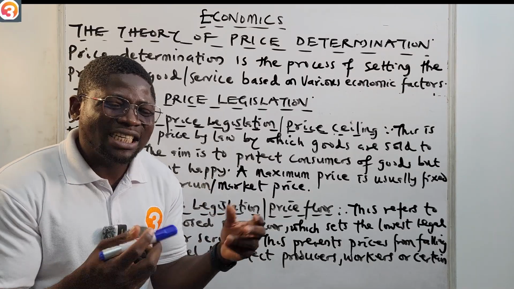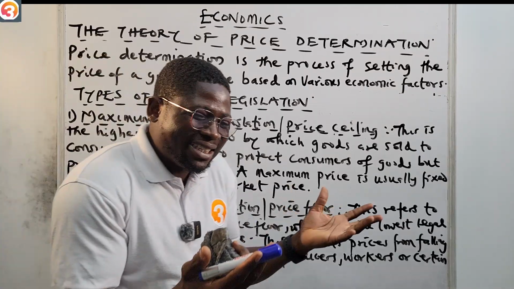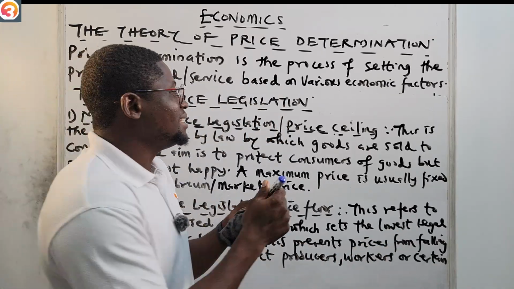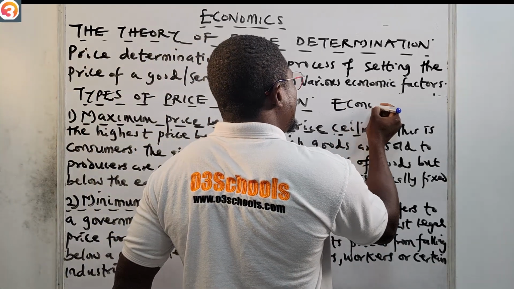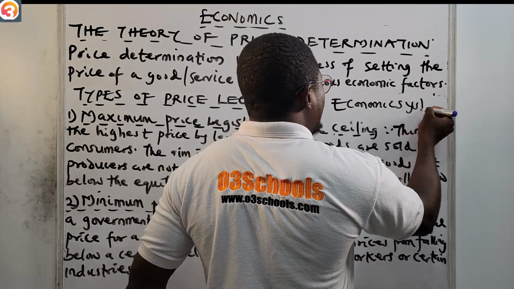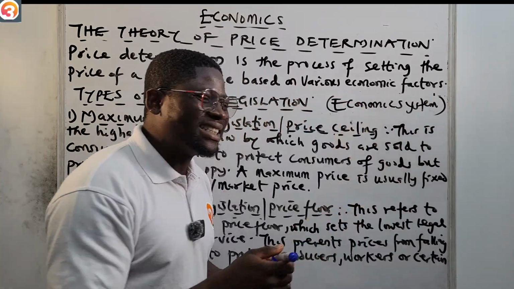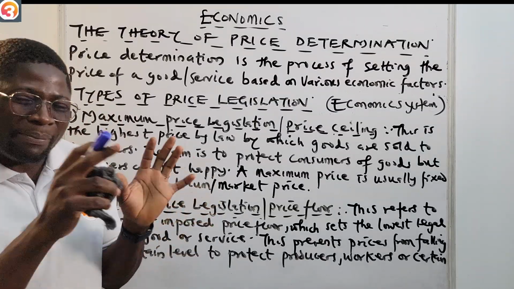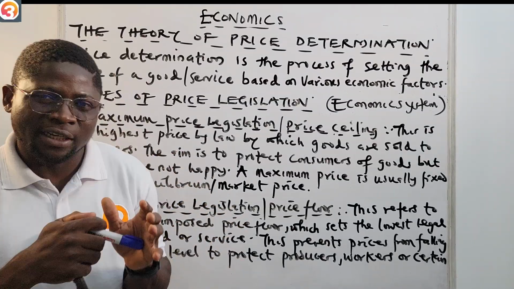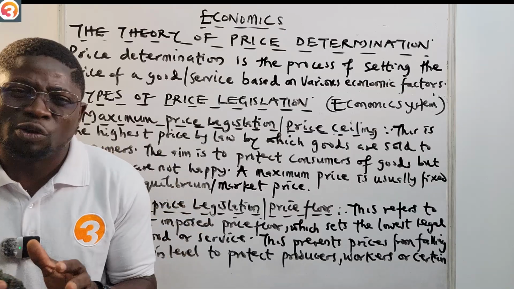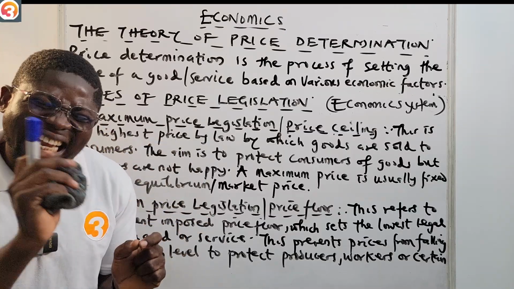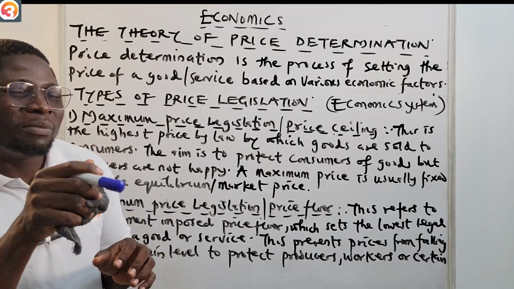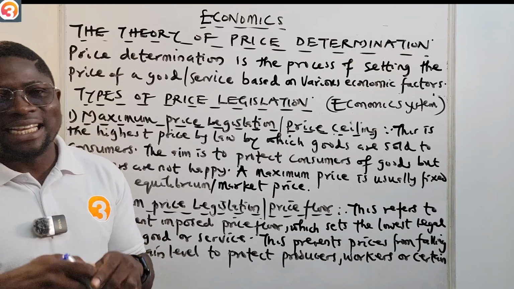The fixing of prices of goods and services in an economy is dependent on the economic system run or practiced in that particular economy. So the fixing of prices is largely dependent on the type of economic system being practiced in that economy.